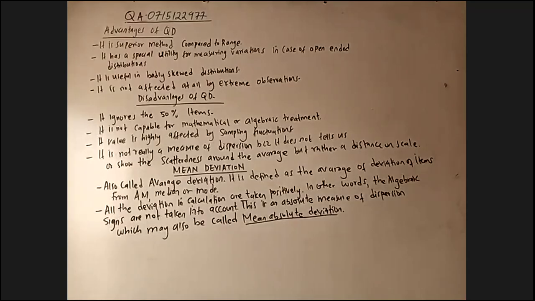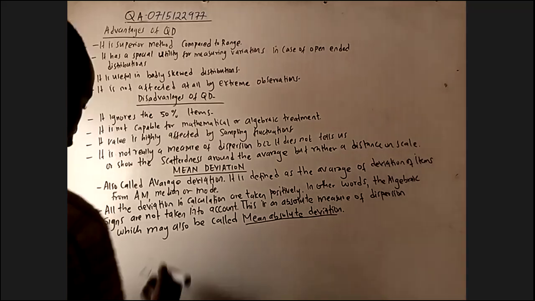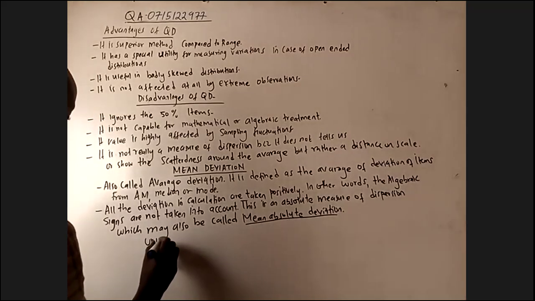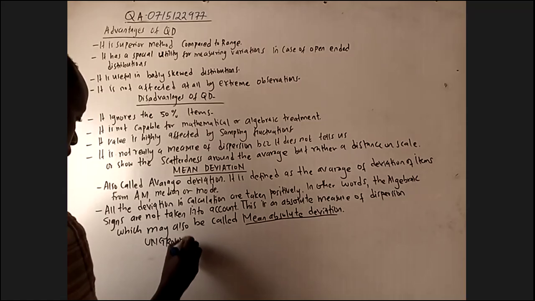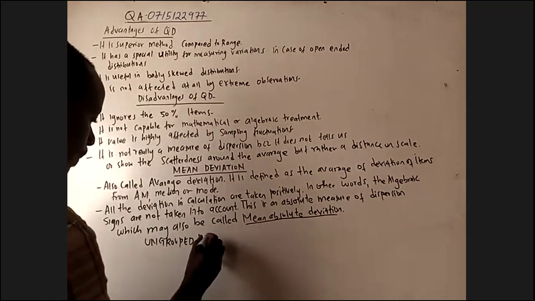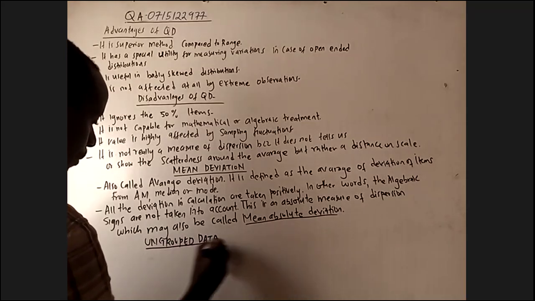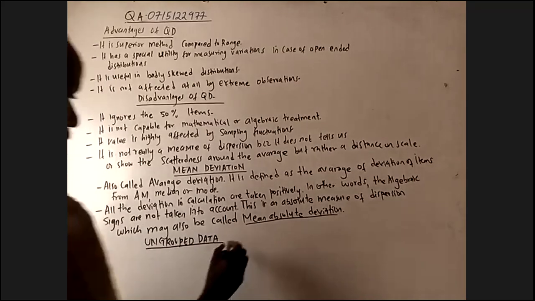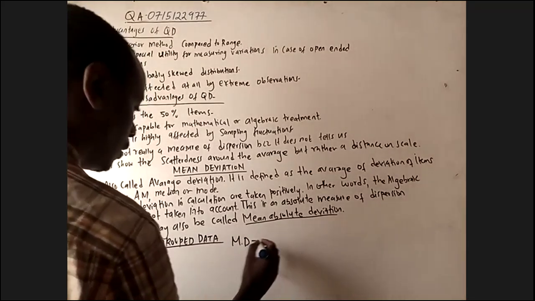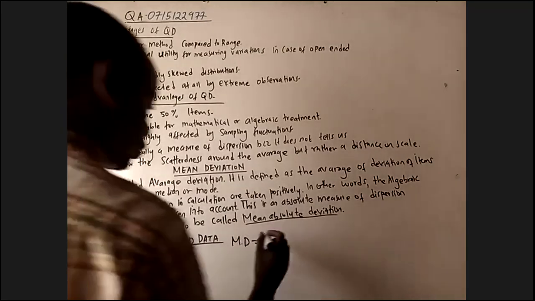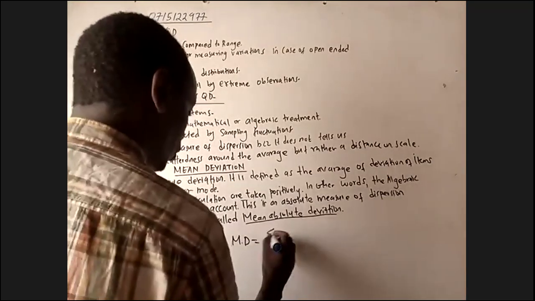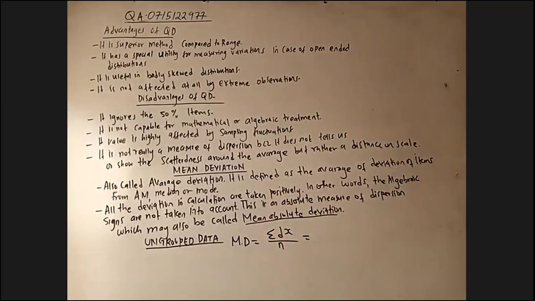The mean absolute deviation. Formulas that were for ungrouped data. So in case of ungrouped data, what will be the mean deviation? Mean deviation, MD, is equal to summation of dx over n.